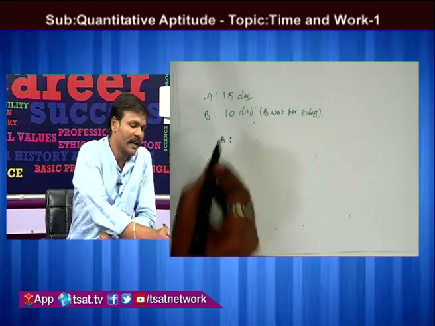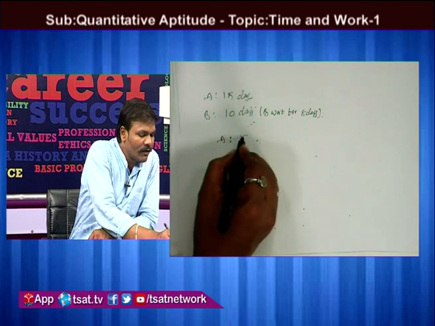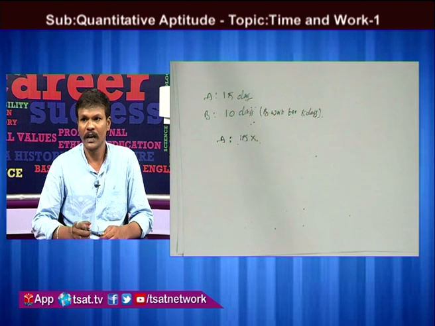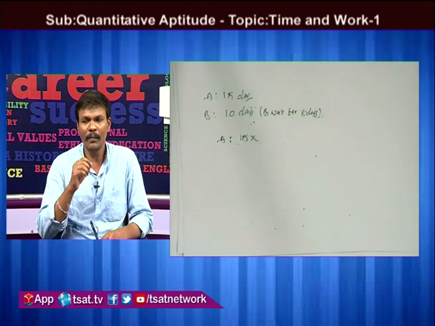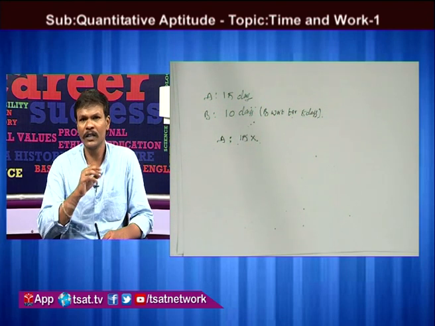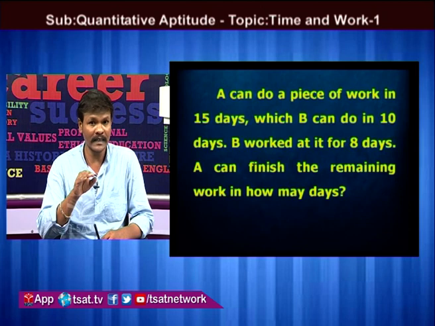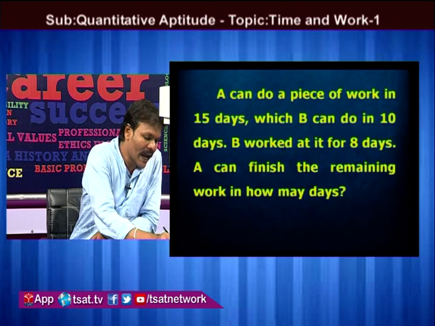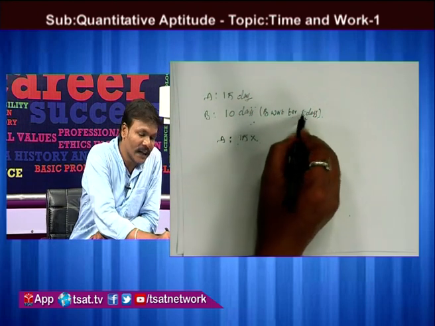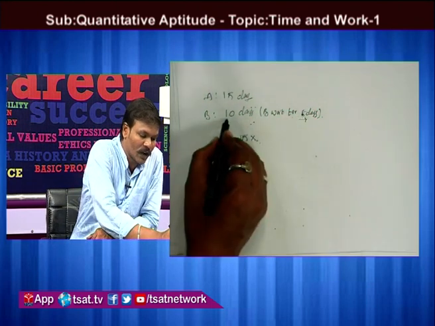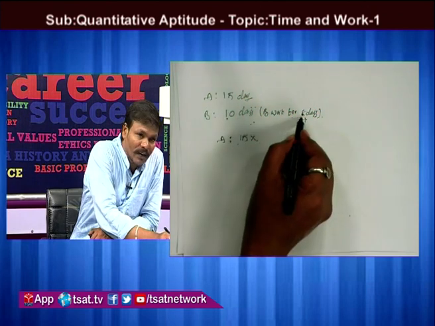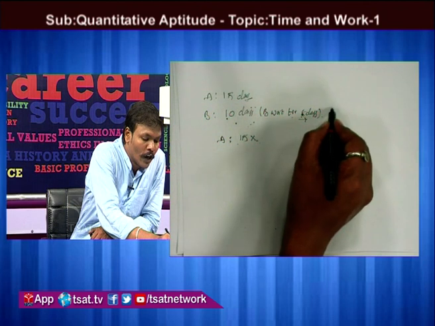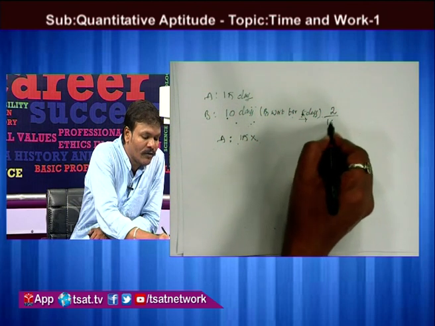Simply, A can complete the whole work in 15 days. But he need not complete the whole work, only the remaining work. What has B completed? B has completed 8 days of work out of 10 days, so the remaining work is only 2 days of work out of 10 days.